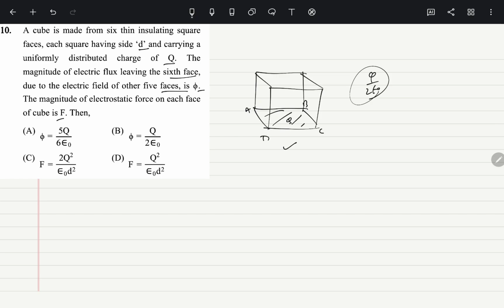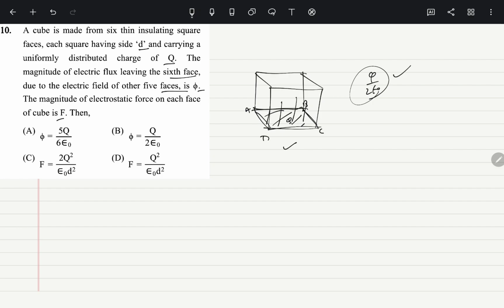Now if we think in reverse, how much flux is passing through this one face due to the 5 faces? It will be the same. Yes or no? Because the face area is fixed. Whatever flux can pass through this one face, that is Q by 2 epsilon naught.